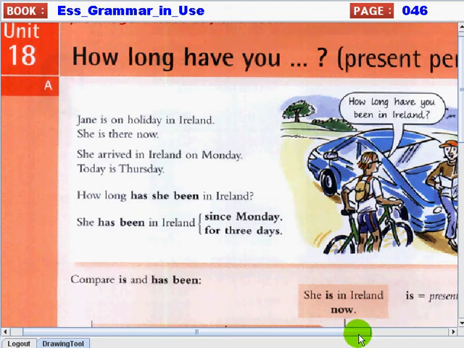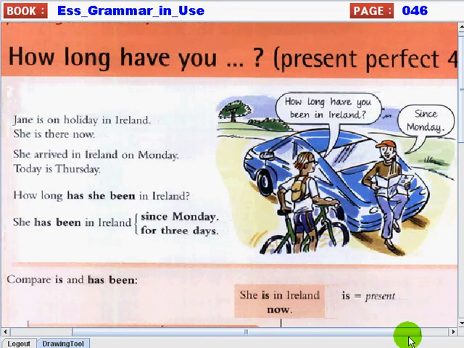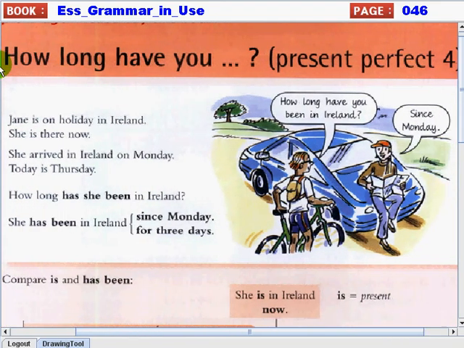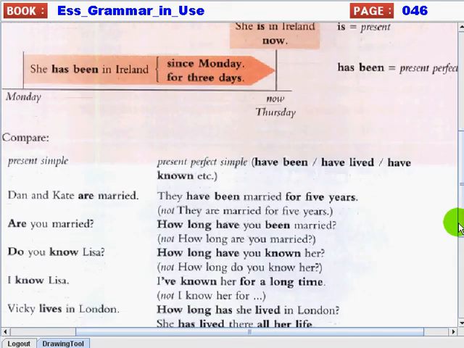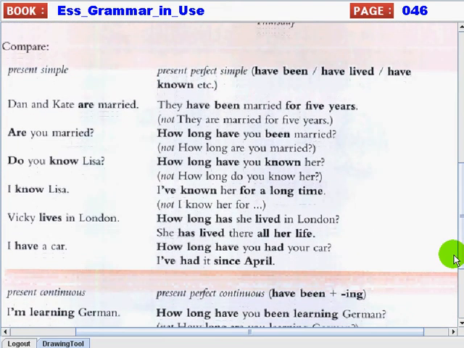How should we make present perfect questions starting with how long have you? And we also learned the difference of present simple, present perfect simple, and present continuous from present perfect continuous tense.